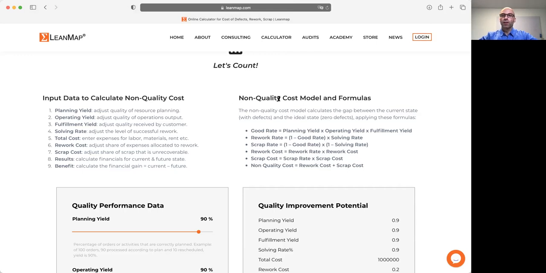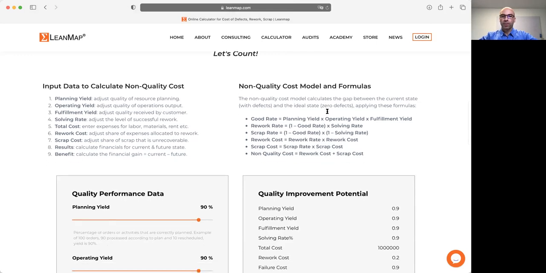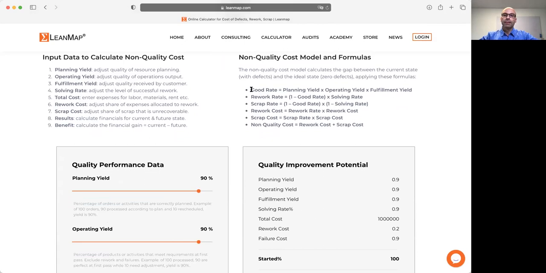Okay, non-quality cost model and formulas. We need to know several things. The good rate. This is the rolled throughput yield, and that is the product of the three factors. Planning yield multiplied by operating yield multiplied by fulfillment yield. And the rework rate is the opposite of it. So it's 1 minus the good rate multiplied by the solving rate.